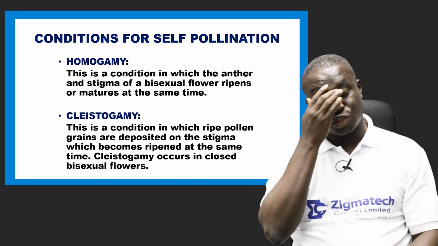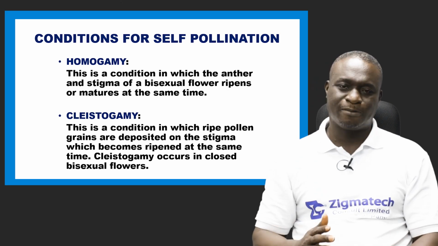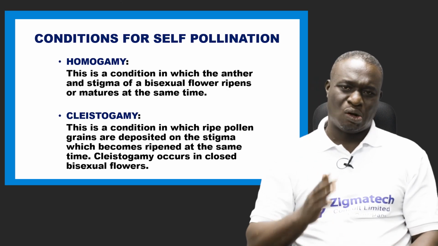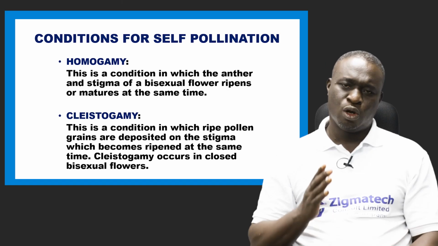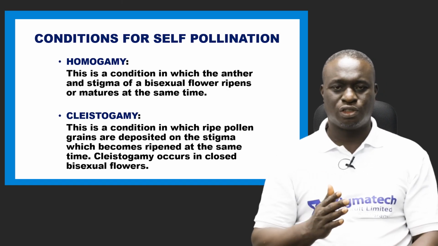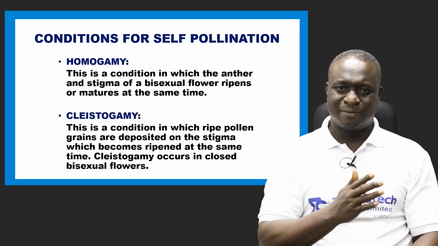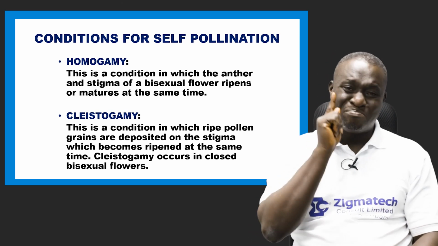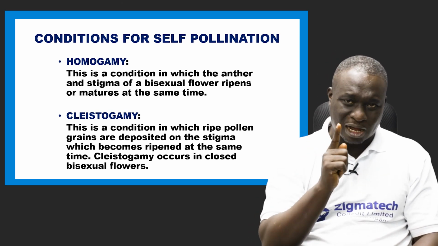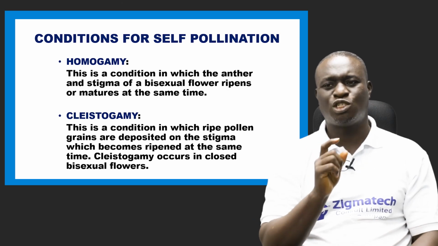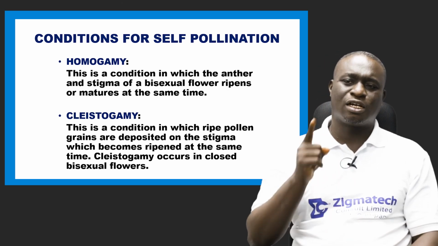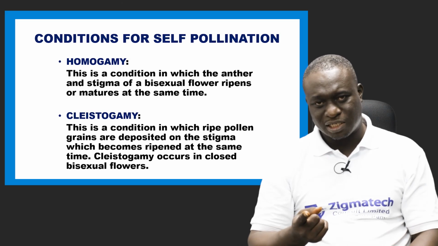We're going to be looking at these conditions. Number one condition is homogamy. Now, what is actually homogamy? Homogamy is a condition in which the anther and the stigma of a bisexual flower... Remember, we've talked about the bisexual flower. I repeat again, it's a condition. What is a bisexual flower?